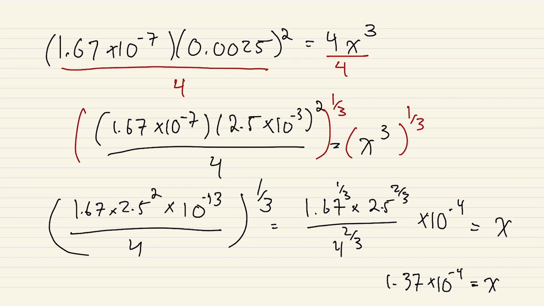Oh man, this is going to simplify a little bit differently. Times 10 to the negative 13 divided by 3. That gives 6.39 times 10 to the minus 5.